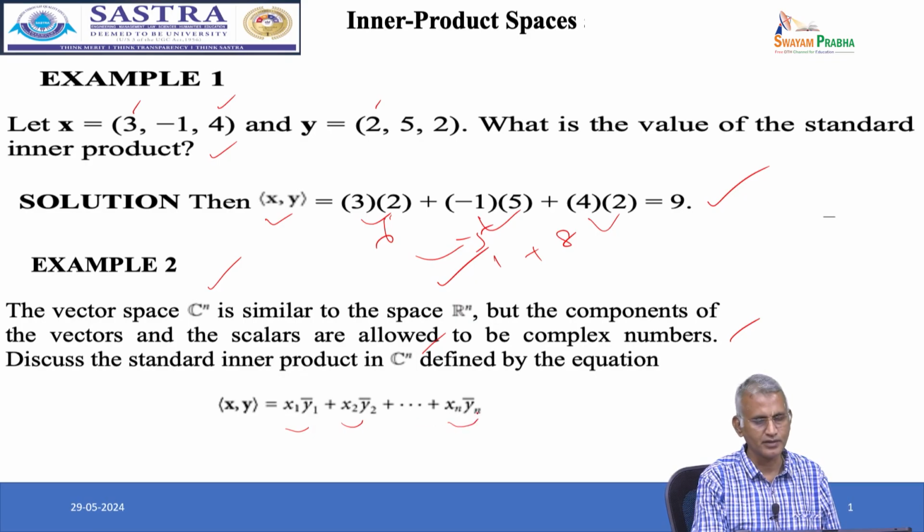Previously we discussed the real problem, and if you have complex numbers, you have to take the conjugate of the coordinates of y. So you get the product of the two vectors, that is the meaning of inner product x and y.